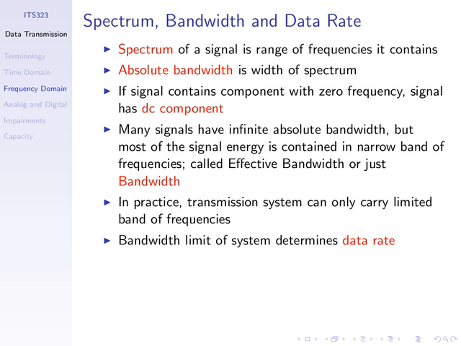It's the difference between the maximum frequency and the minimum frequency in the spectrum. In this case, there's only two components, 300 and 100. The difference is 200. So we say that this is the absolute bandwidth of our signal. Our signal occupies the spectrum covering 200 Hertz, a width of 200 Hertz, from 100 up to 300.